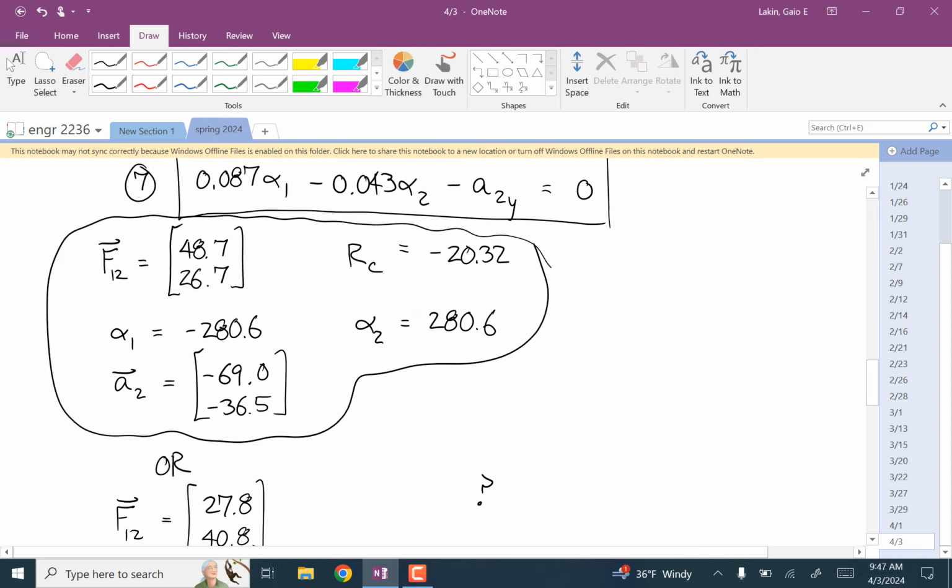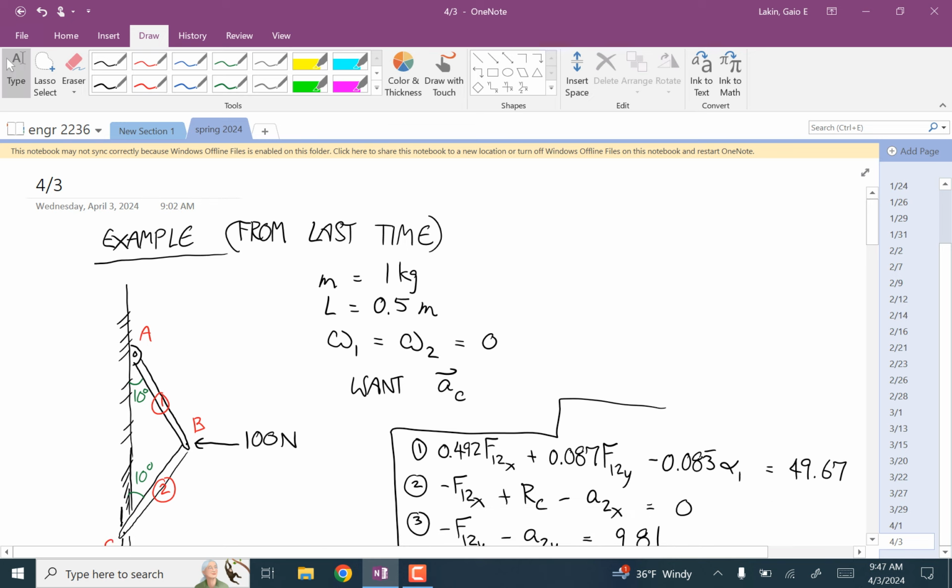Okay? Now the second question is, I've done a lot of problems where we're saying it's starting from rest. There's no angular velocity at the instant we're looking at. And it's not too hard to imagine how you would put those angular velocities in there.